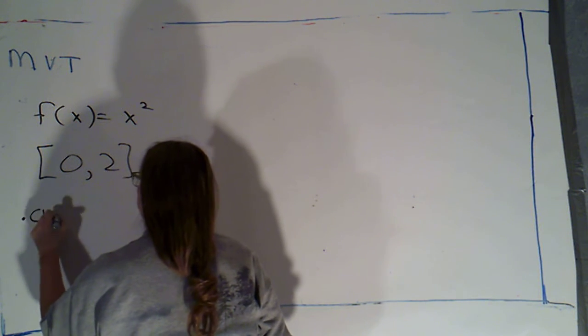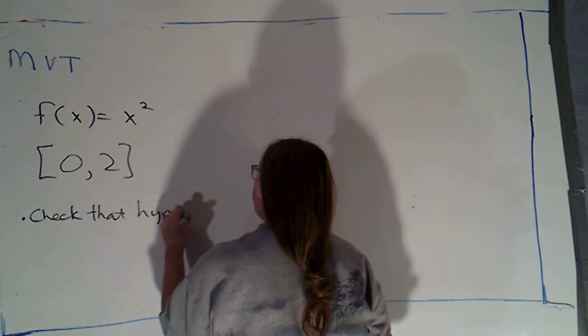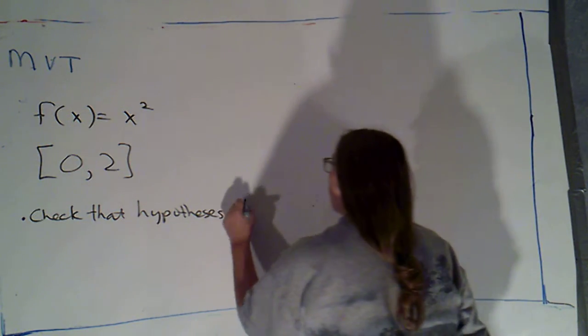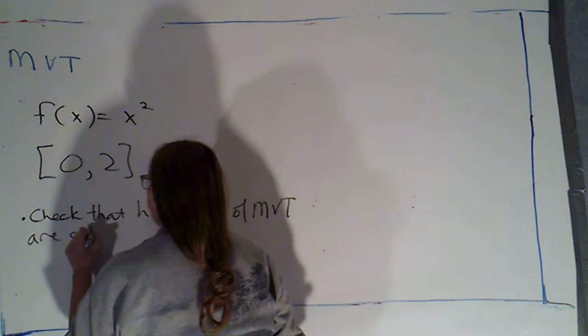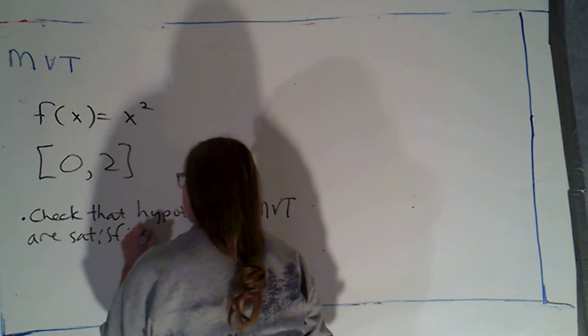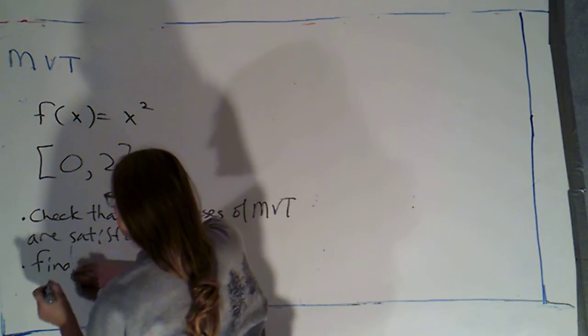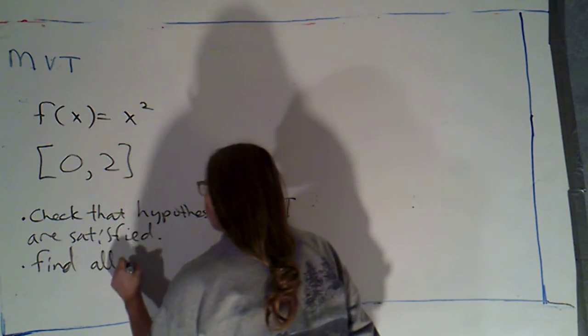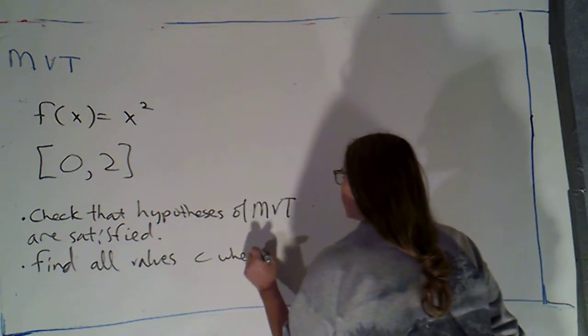So check that the hypotheses, that's the if part, of the mean value theorem are satisfied. And then find all values c where the conclusion is satisfied.